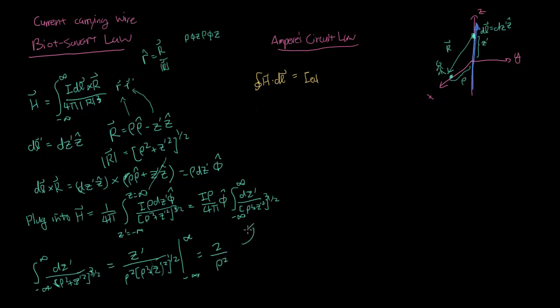So now we just plug that in here, and we get our final answer, which is that h is equal to I rho over 4 pi, times 2 over rho squared in the phi direction, and you get that h is equal to the lovely expression that we saw before, I over 2 pi rho in the phi direction.